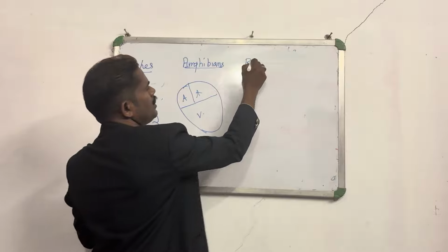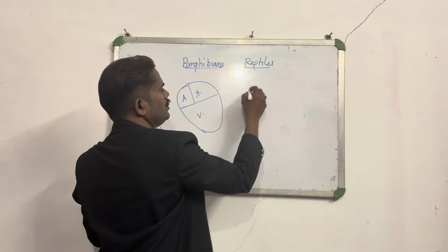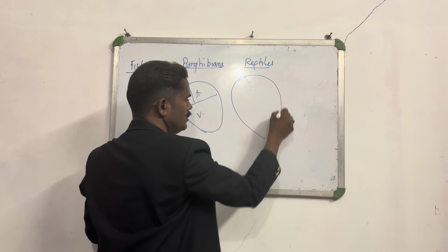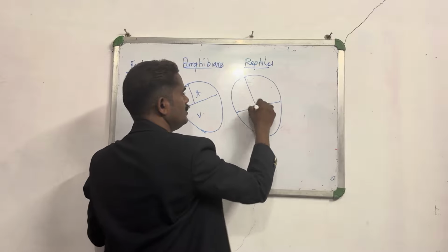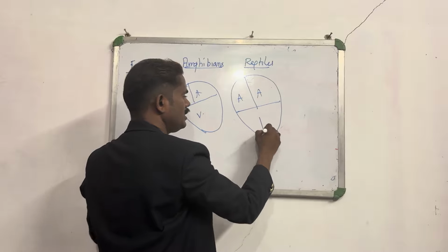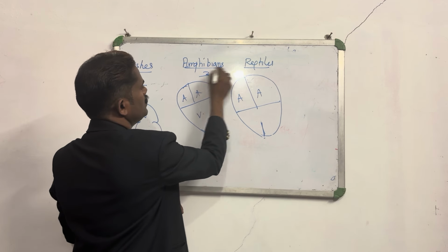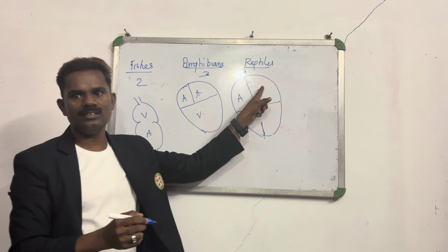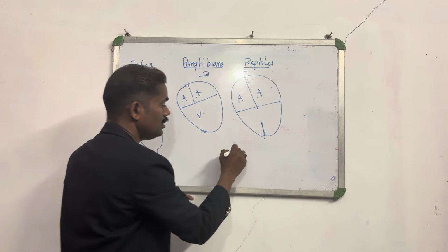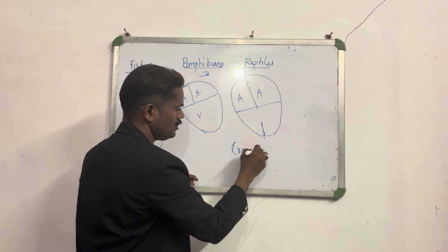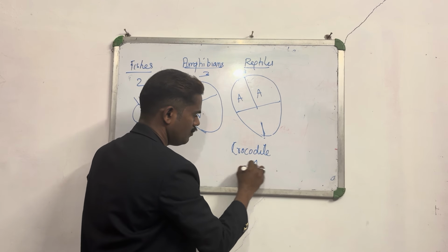When we come to reptiles, there are two auricles and the ventricle is incompletely divided. So here also three chambers, two auricles and one ventricle. But in crocodile there is an exception. Crocodile has four chambers.